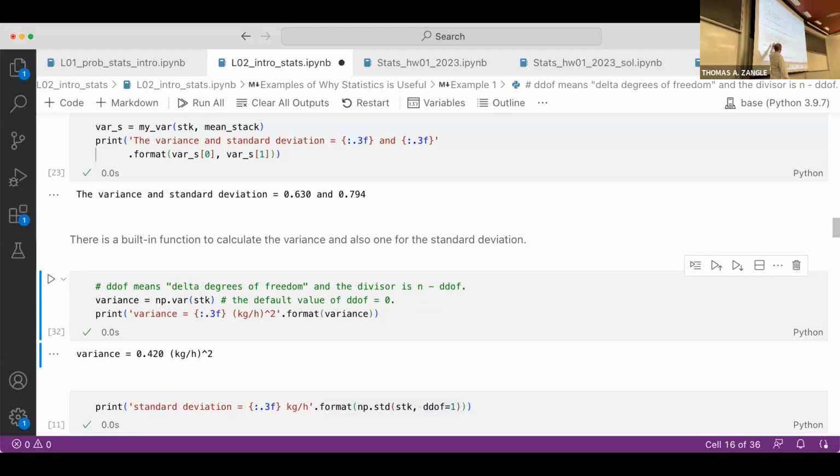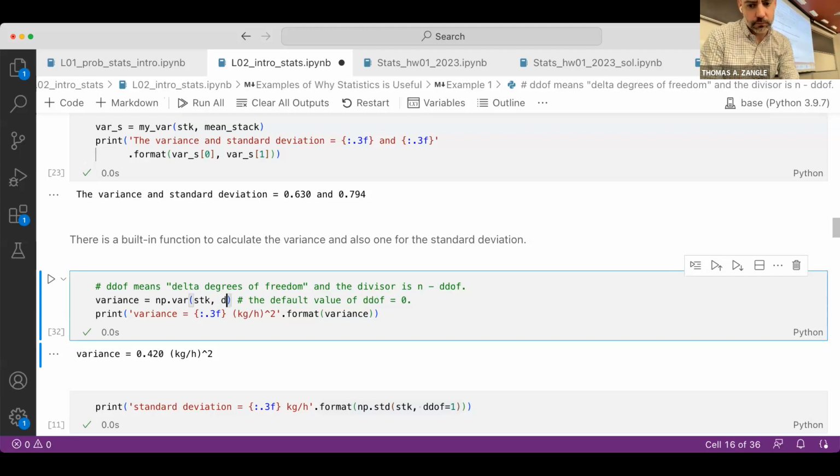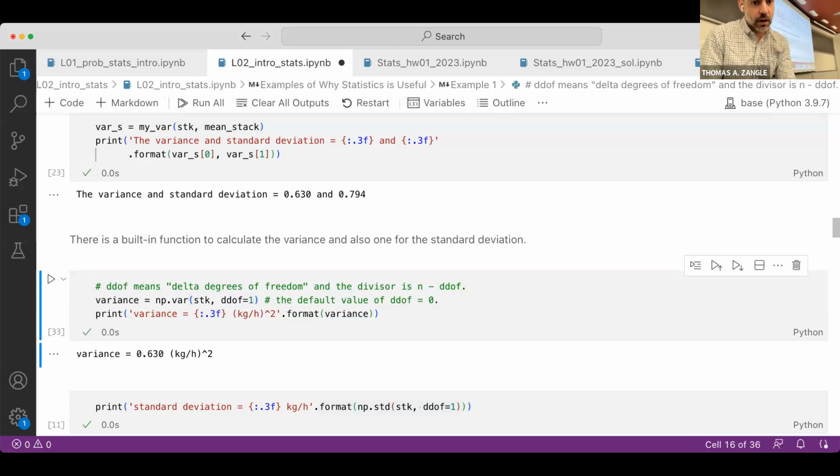So the default here is that delta degrees of freedom is equal to 0. The default of np.var is to compute the variance of the population, not the variance of a sample. So we have to put back in that DDOF is equal to 1 in order to get the proper variance for the sample.